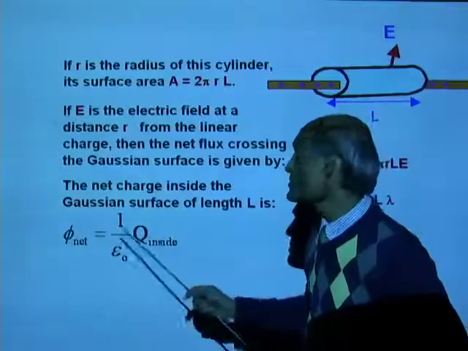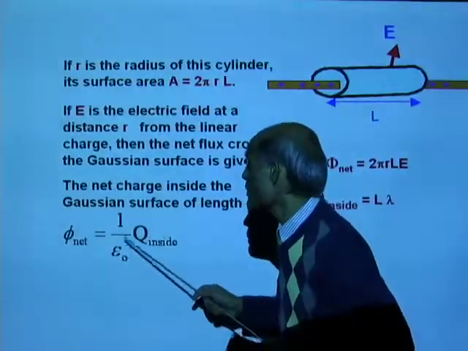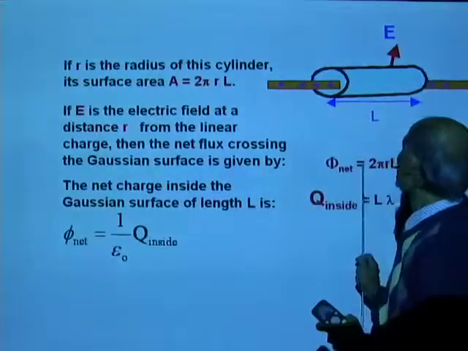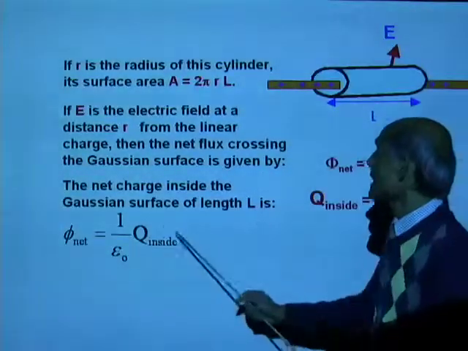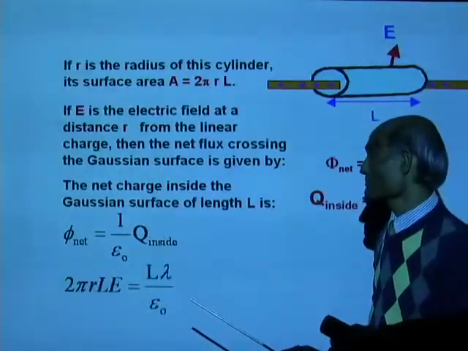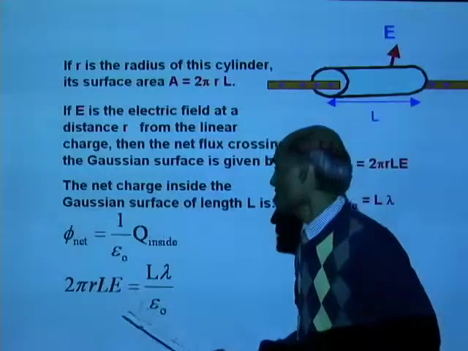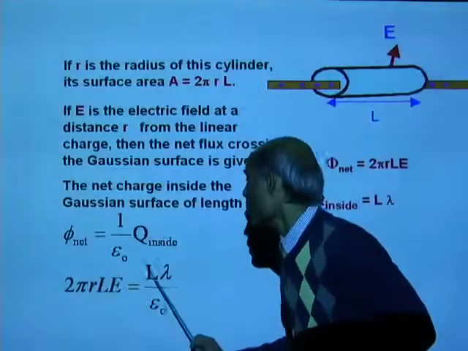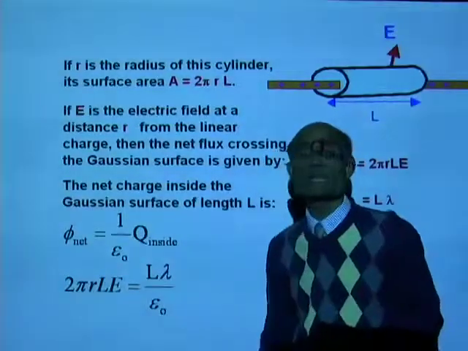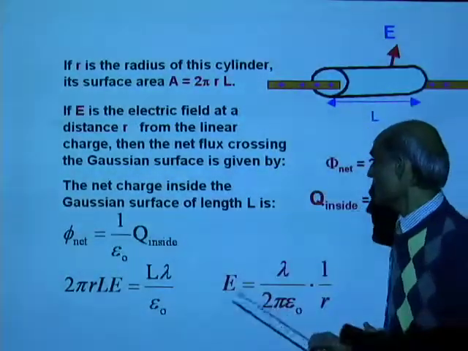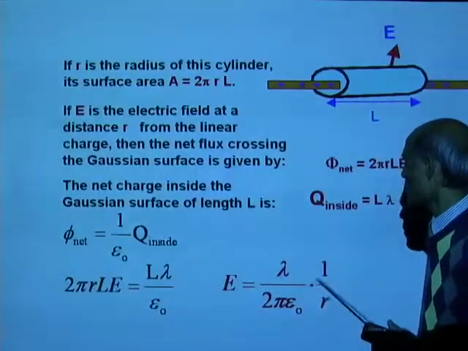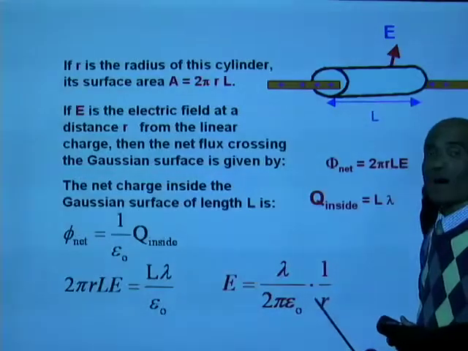Phi net is 2 pi R L E and Q inside is L times lambda. Now I can cancel L on either side and solve for E. What is E equal to? E equals lambda over 2 pi epsilon naught times 1 over R.